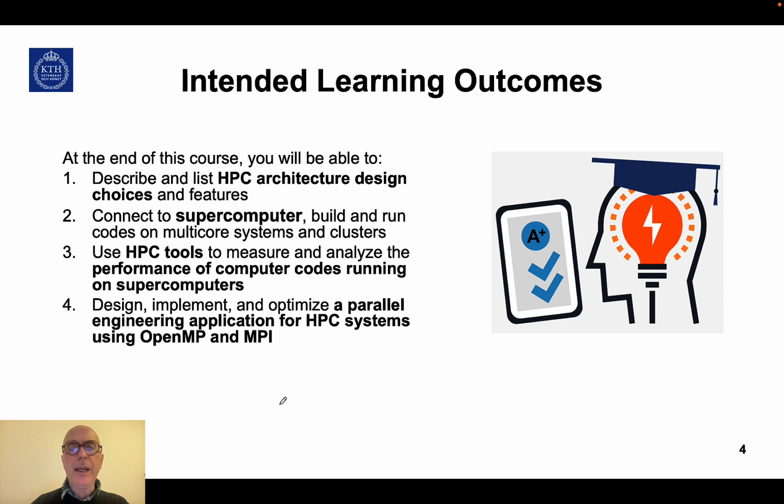You will also be able to use HPC tools to measure and analyze the performance of computer codes running on the supercomputer. And finally, you will be able to design, implement, and optimize parallel engineering applications for HPC systems using OpenMP and the MPI library.